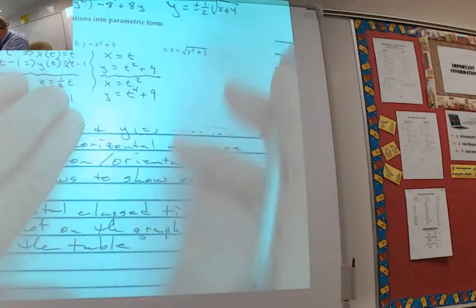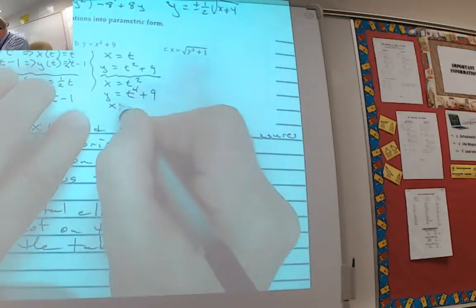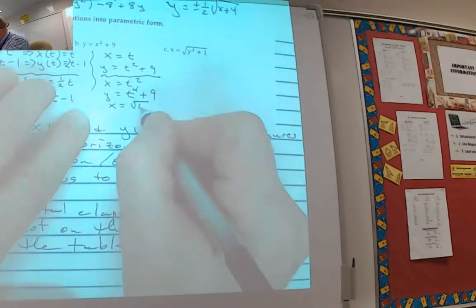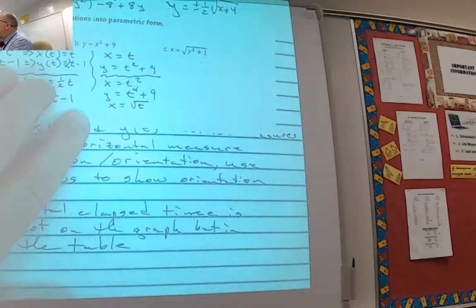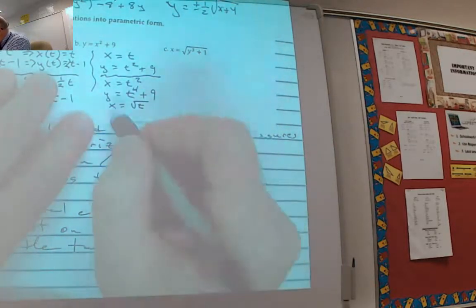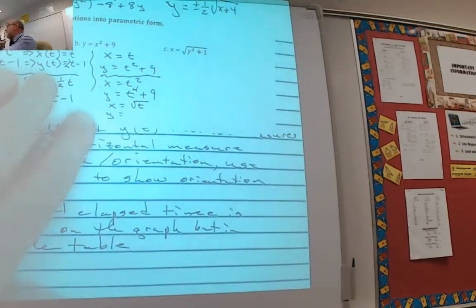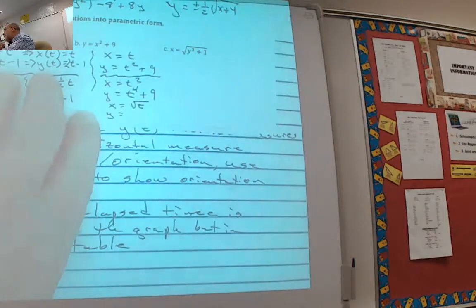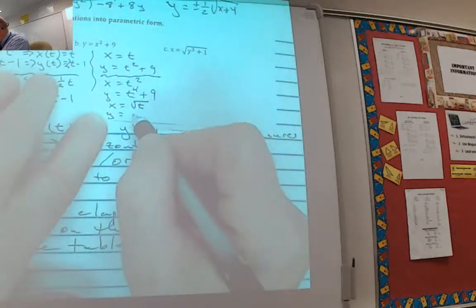And I could make a third one. I could say x equals the square root of t. Emma, I'm just making them up. Then y is dependent upon x when I create that equation. I'm making x dependent upon t and substituting that value in for x, so in this case I'd get t plus 9.